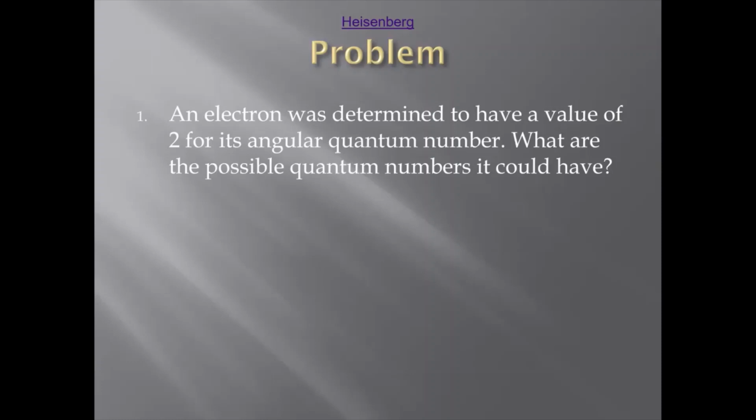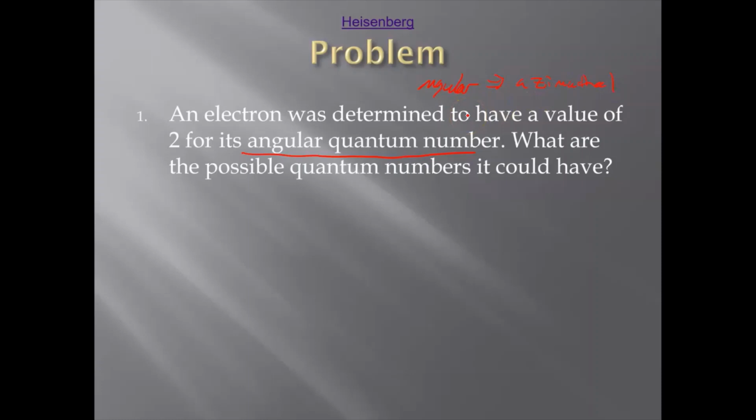Now, the first thing that you need to do in answering this is knowing what the angular quantum number represents. Going back to what we talked about, the first one was principal, the second one was angular, and the third one was magnetic. So another word for angular is azimuthal. You'll see this word in some problems that you may encounter.